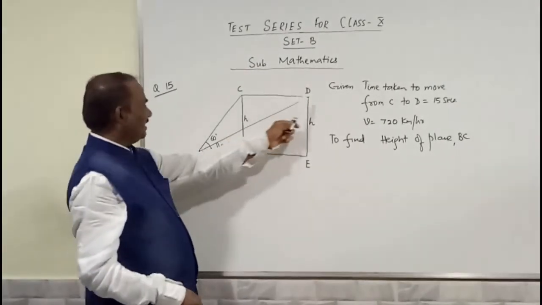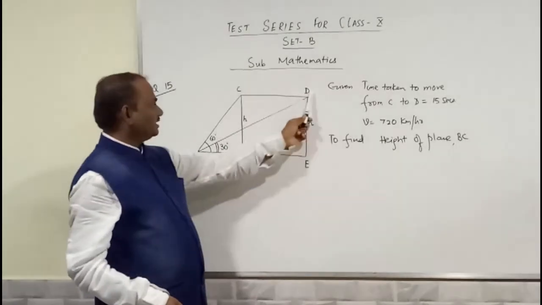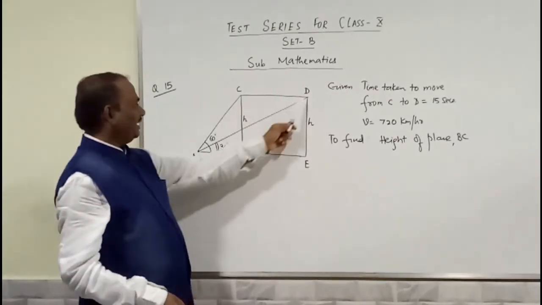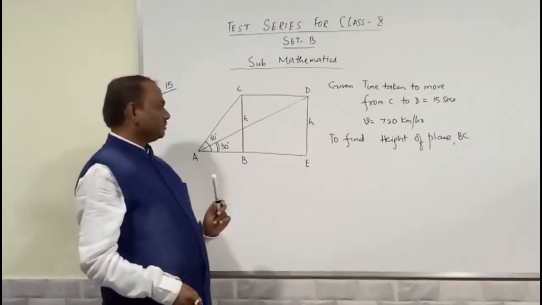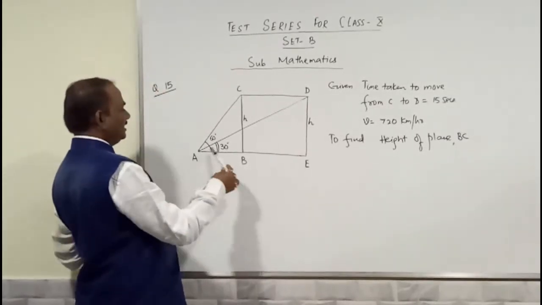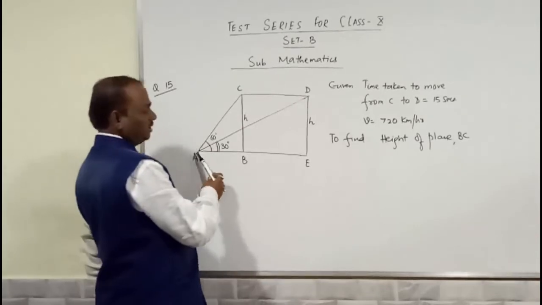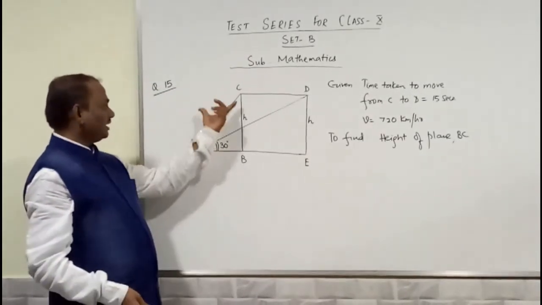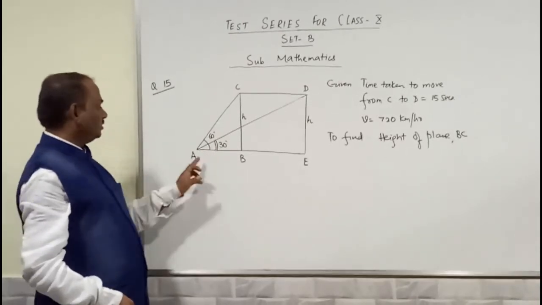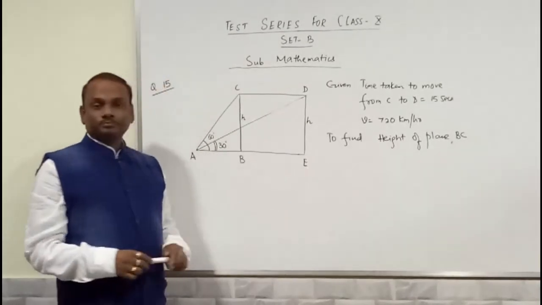If I want to find DE, I need to take triangle ADE, and to find DE, I have angle 30 degrees, I need to find AE. So there are two methods, either you use triangle ABC or triangle AED, but for using this triangle you need to find AB, and for using this triangle you need to find AE.